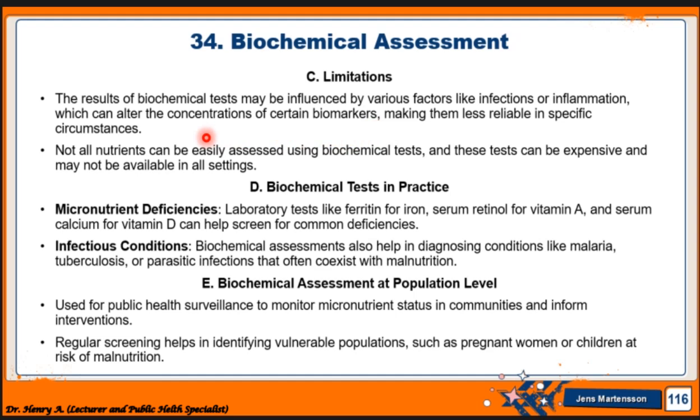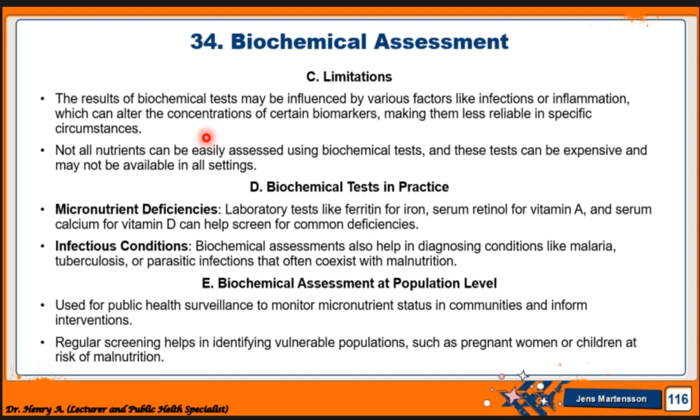When it interferes, such as infections or inflammation, it alters the concentration such that the results obtained after the readings might be falsely elevated or negatively reduced. So you will find error, and that may not give you the desired results.